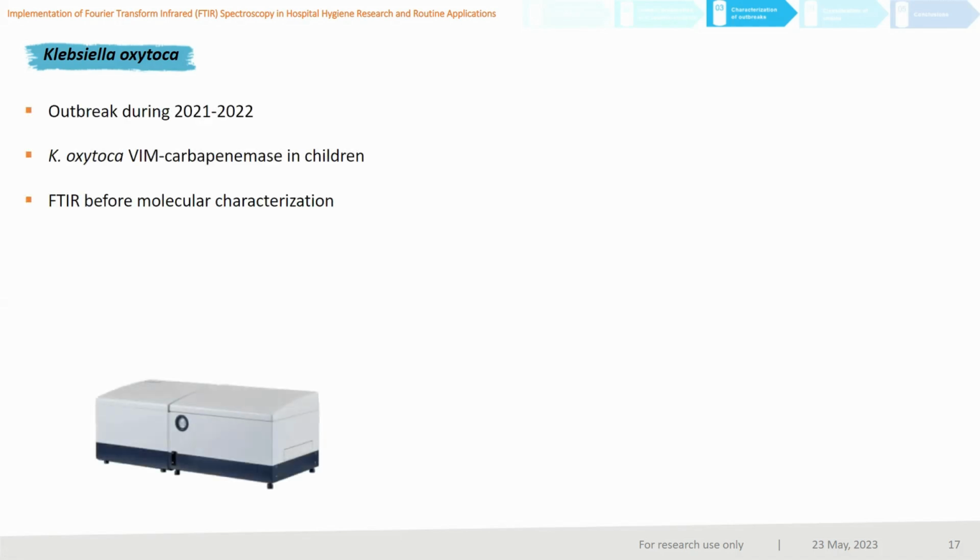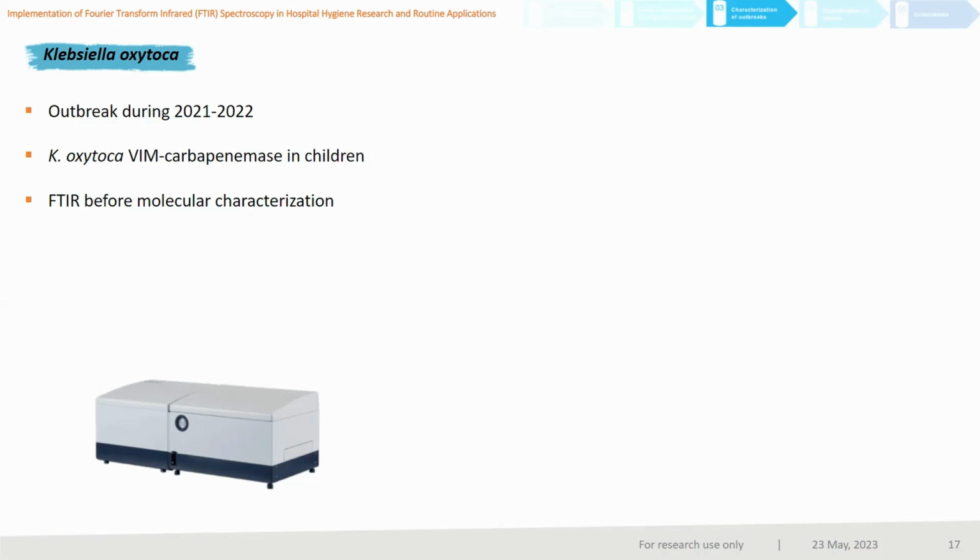And the last outbreak I will present was a little bit more complex. This was caused by Klebsiella oxytoca carrying the VIM carbapenemase resistance mechanism, and it primarily affected children. Also in this case, we performed the FTIR analysis before molecular characterization.